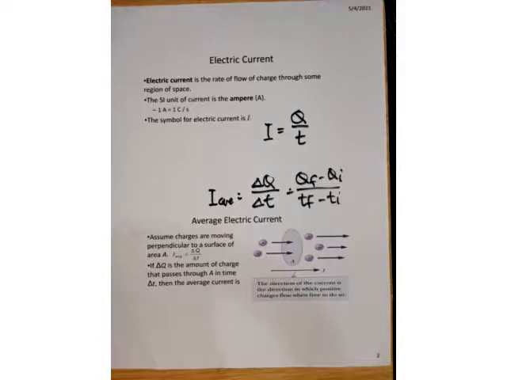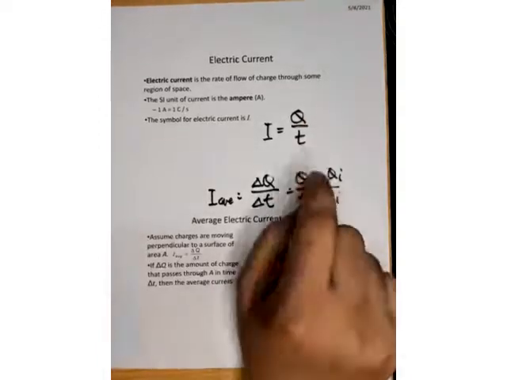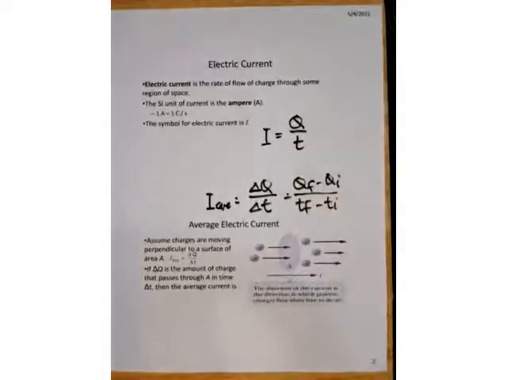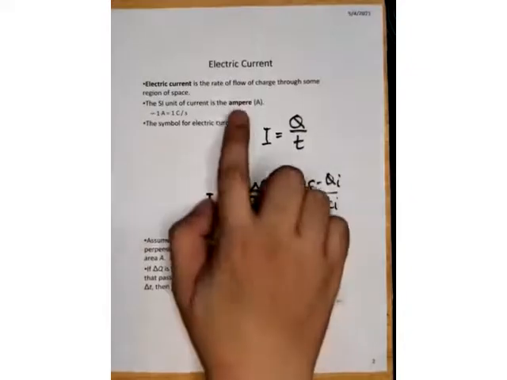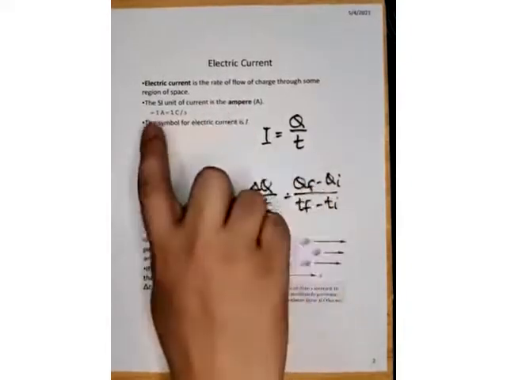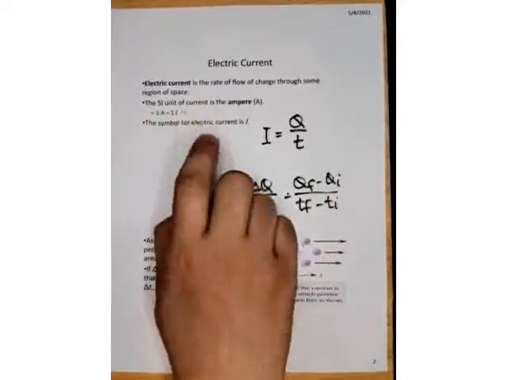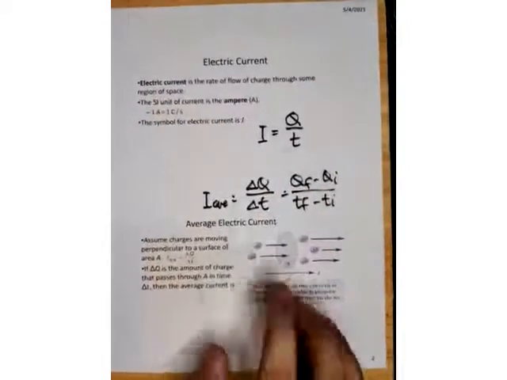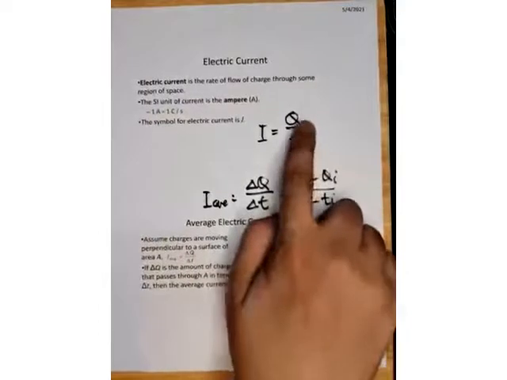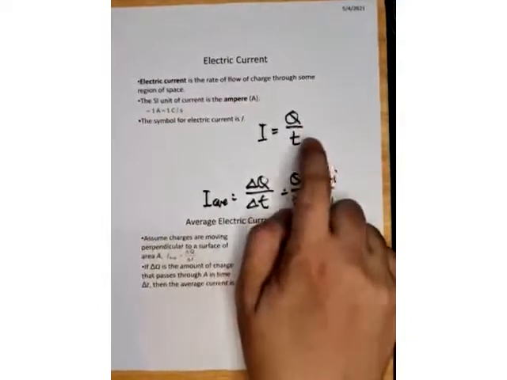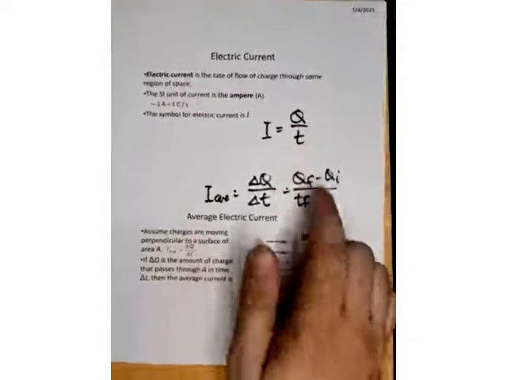So generally, ang formula natin ng current is yung charge over time, kasi that's the rate of flow of charge through region of space. Ang unit ng current natin in SI is ampere at ang 1 ampere is equal to 1 coulomb per second. So, di ba unit ng charge is coulombs, time is second, so coulomb per second is 1 ampere.